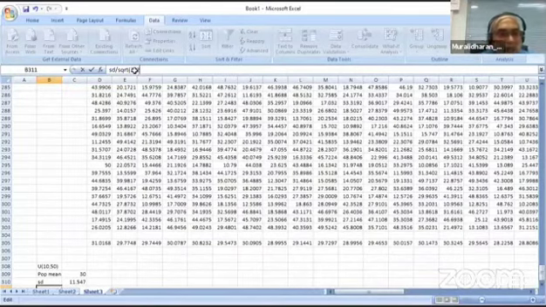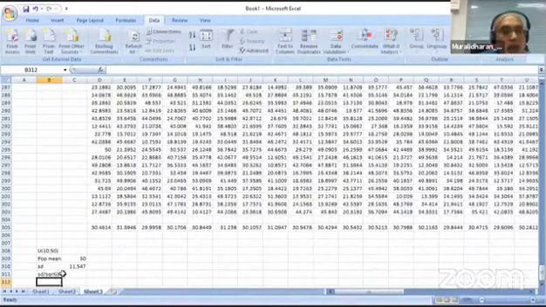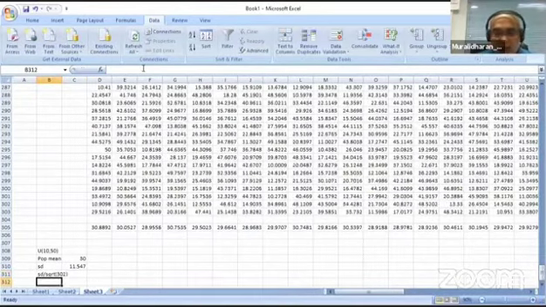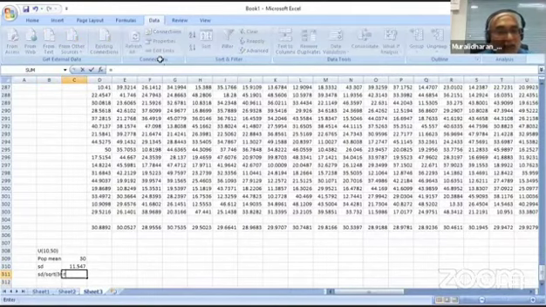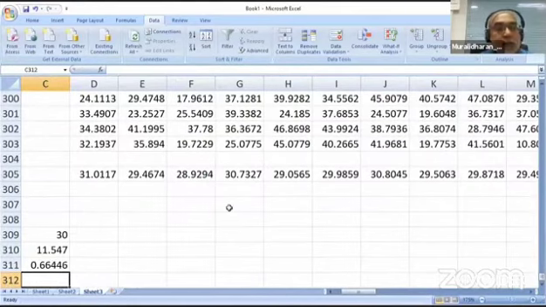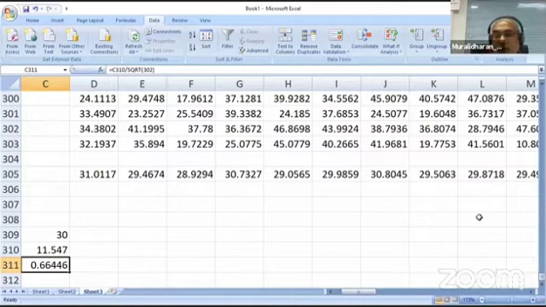So let me compute that. So that is equal to sigma. Sigma is here, 11 point something, divided by square root of 302. Okay, square root of 302. I hope it is correct.